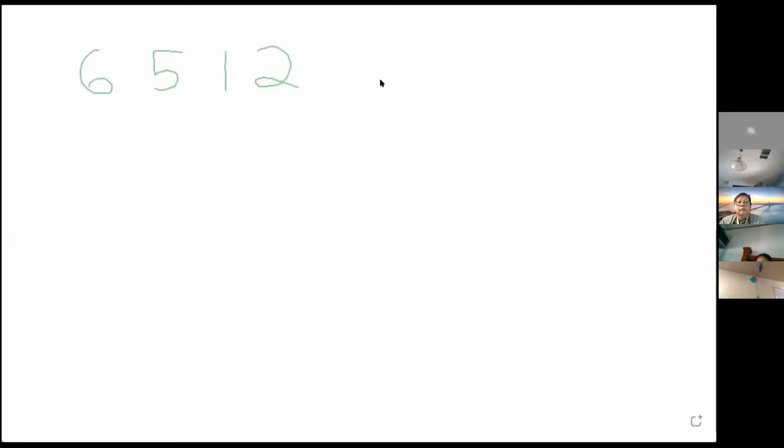But now for the purposes of this puzzle, I'm going to think of them as individual digits. So I see a 6 and a 5 and a 1 and a 2. Your challenge is to try to use these 4 digits. You must use each digit exactly once, and I want you to get 24. You are allowed to add, subtract, multiply, divide.